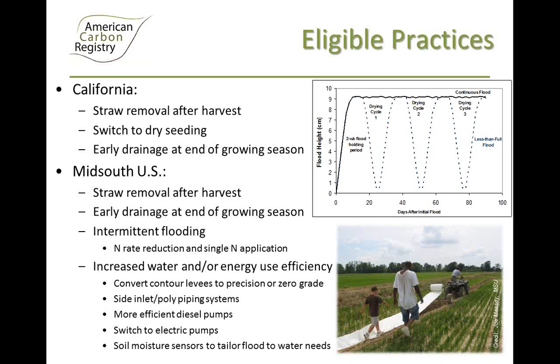So straw removal does the latter. Switch to dry seeding and early drainage, those two practices cut the flooded period a little shorter, both at the beginning and then at the end of the growing season.